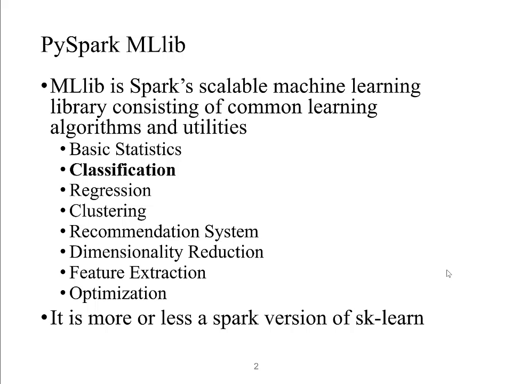Dimension reduction is the process of reducing the number of random variables under consideration, such as PCA or SVD. Feature extraction starts from an initial set of measured data and builds derived values or features intended to be informative and non-redundant.